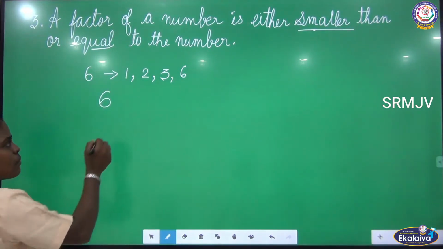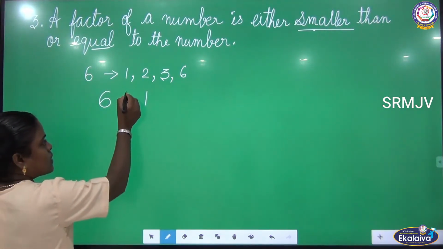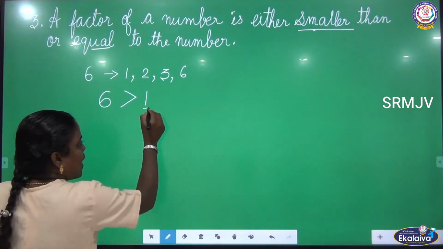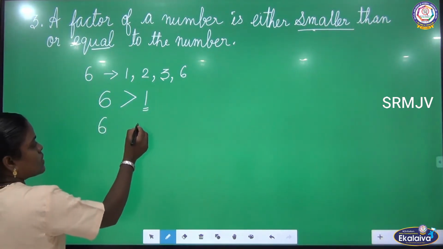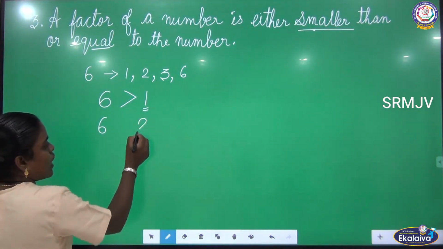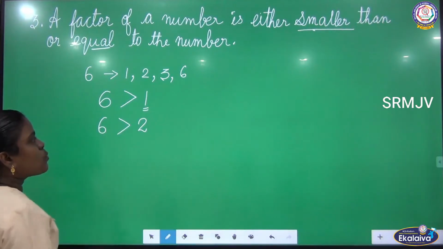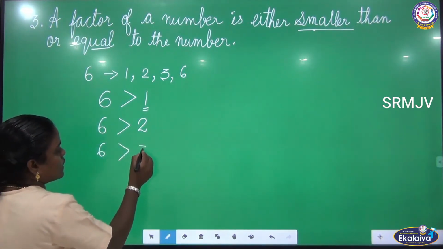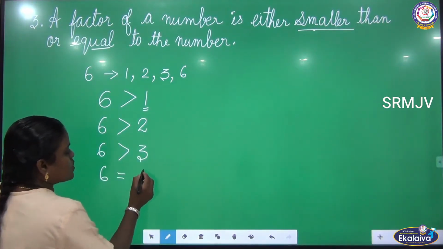Now look at the numbers one by one. 6 is the number and 1 is the factor. If you compare, 6 is greater than 1. So here the factor is smaller. And look at the next number. 6 is a number and 2 is a factor. Again here it is smaller. 6 is greater than 3. 6 is equal to 6.